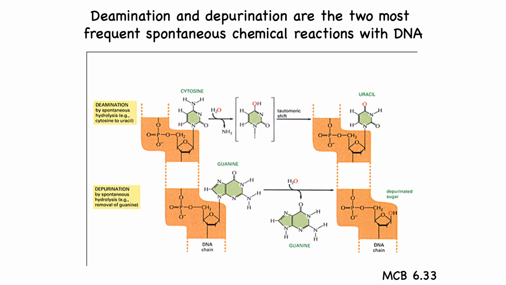And these are the two most frequent spontaneous chemical reactions of DNA. And they're shown here. The deamination converts the cytosine back to uracil. And so then we have, instead of a C in that place, we have a U, which base pairs just like a T. So if that would happen in the DNA, we would change a CG base pair to a TA base pair.